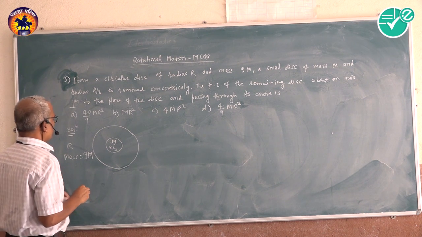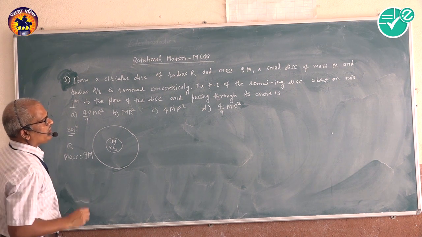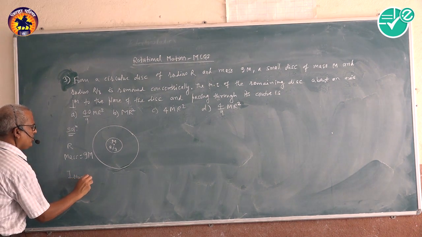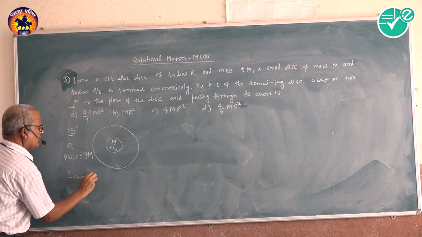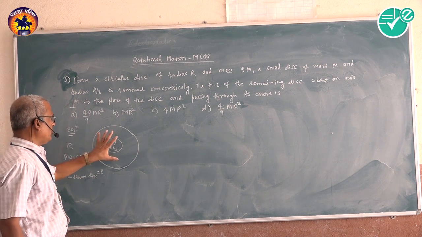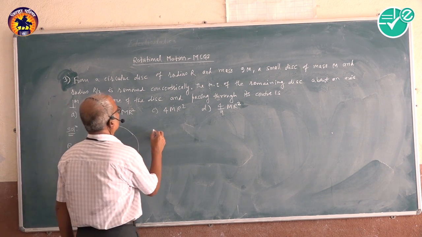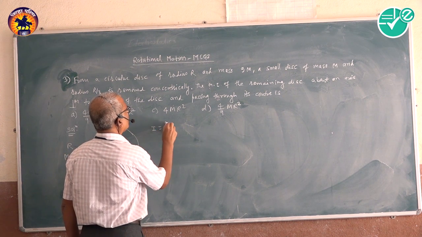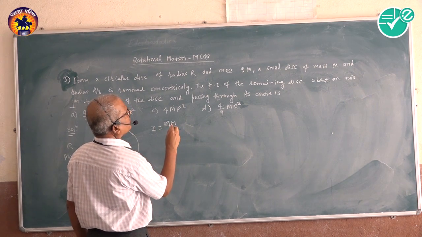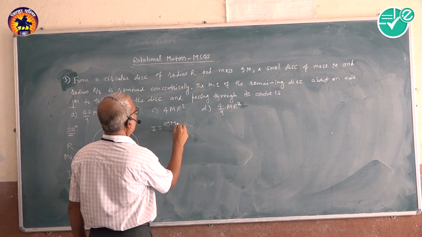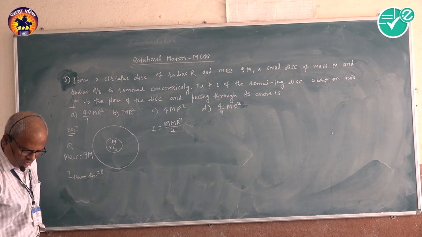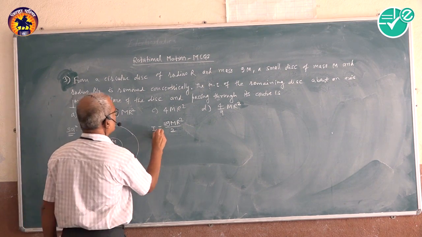Now we have to calculate the moment of inertia of the remaining disc. First we write the moment of inertia of the big disc: I is equal to mass 9m times radius R square by 2, so 9MR square by 2.